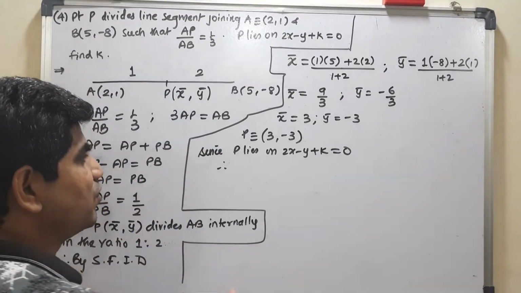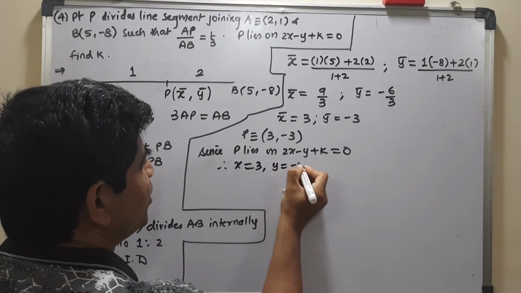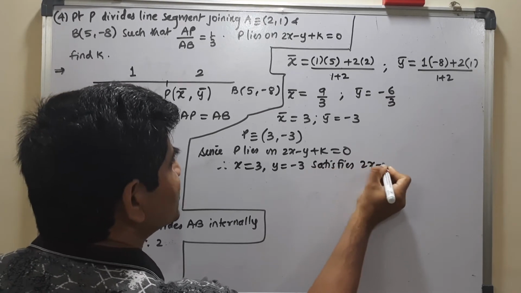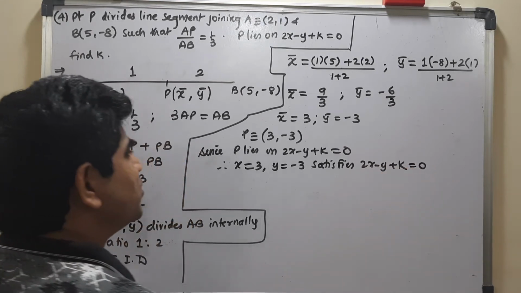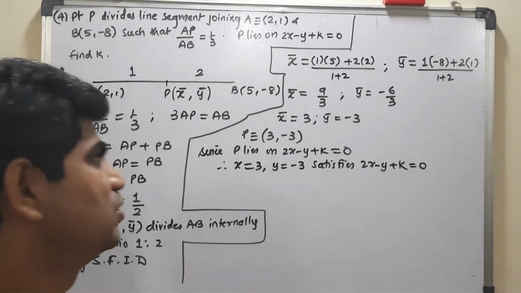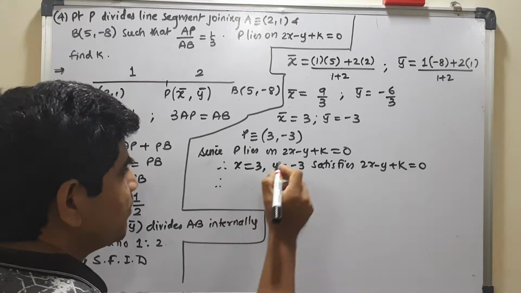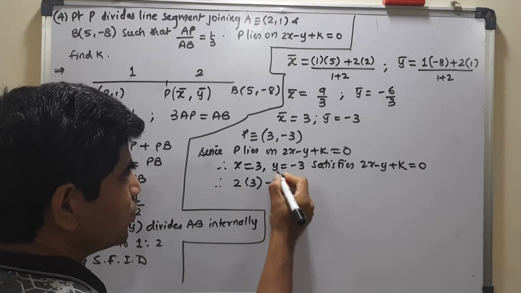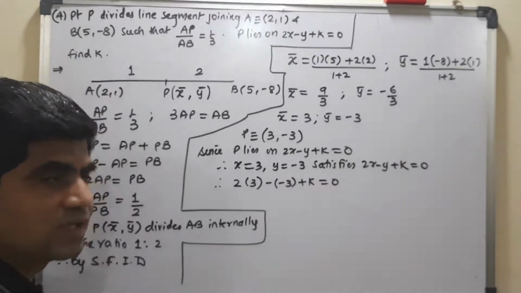That means therefore this x is equal to 3 and y is equal to minus 3 satisfies 2x minus y plus k is equal to 0. Agree? So x is equal to 3 and y is equal to minus 3. So therefore, in place of x I write 2 into 3 minus y as minus 3 plus k is equal to 0.